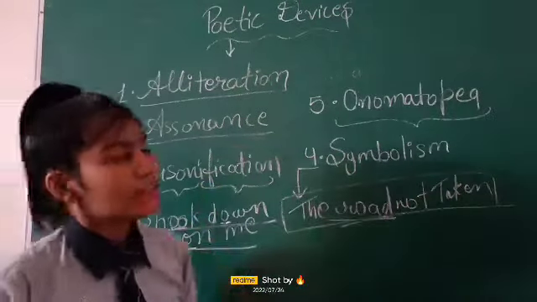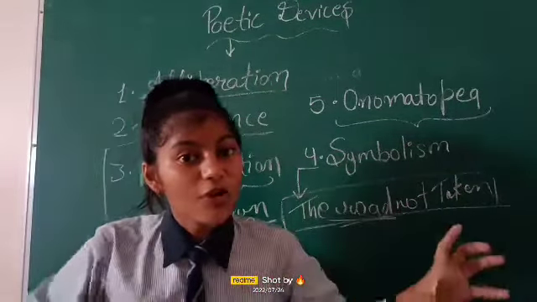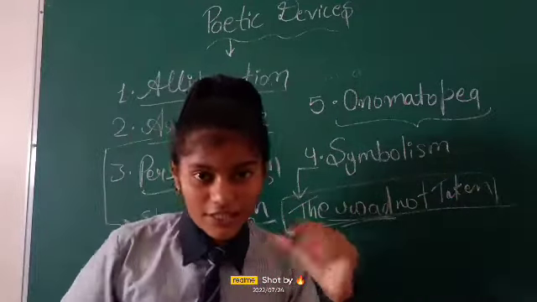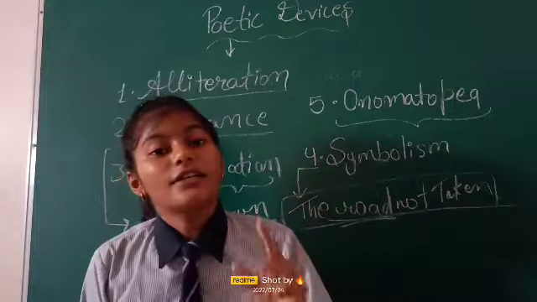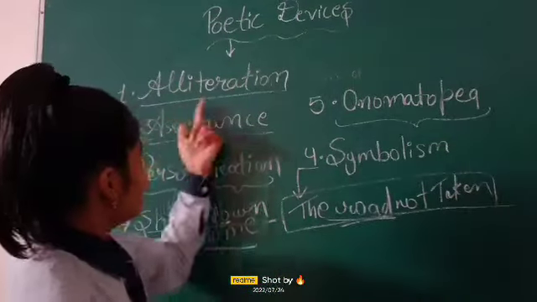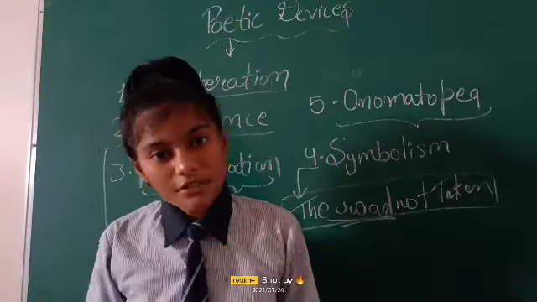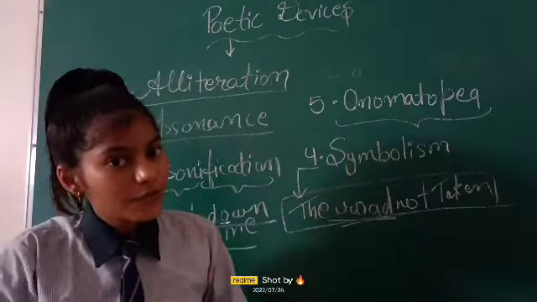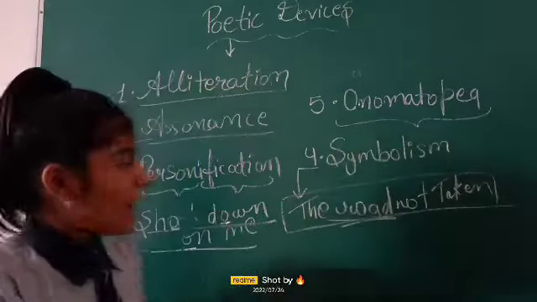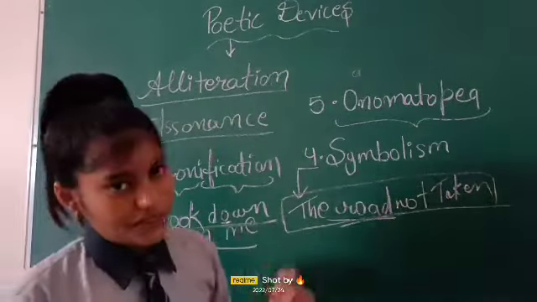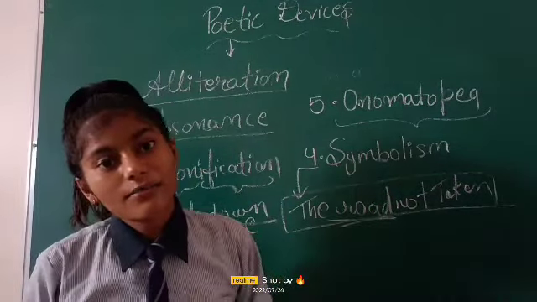This is assonance. If you have a dominance of vowels in a particular line which begins a stanza, you say it is assonance. Second is alliteration. Alliteration is when there is a dominance of consonants. That is the basic difference.